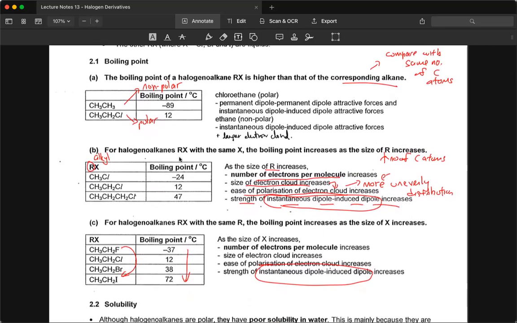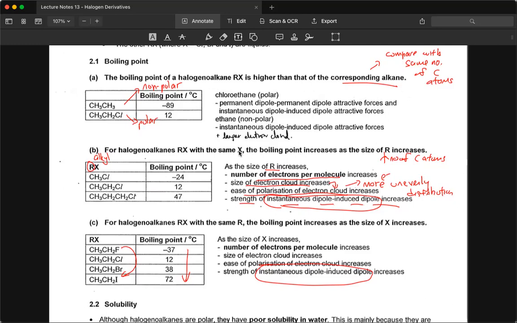For haloalkanes with the same halogen, the boiling point increases as the number of carbon atoms increases.